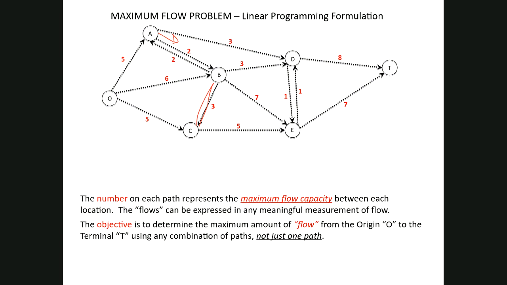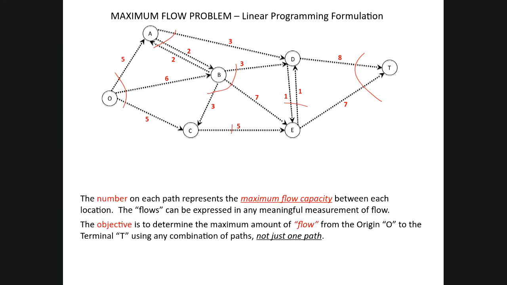You've already anticipated how many decision variables we are going to have. Let's count them up. There's 3, 4, 5, and there's 3 more. That's 8, and then there's 9, 10, 11, 12, 13, and if I've counted correctly, 14.